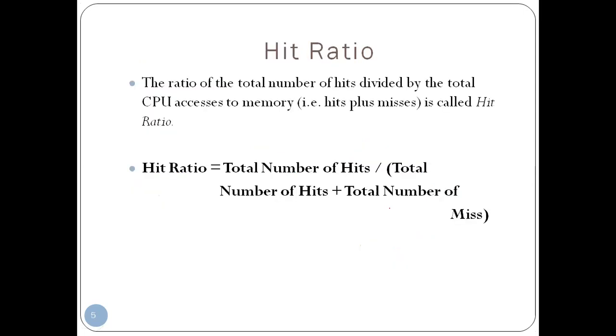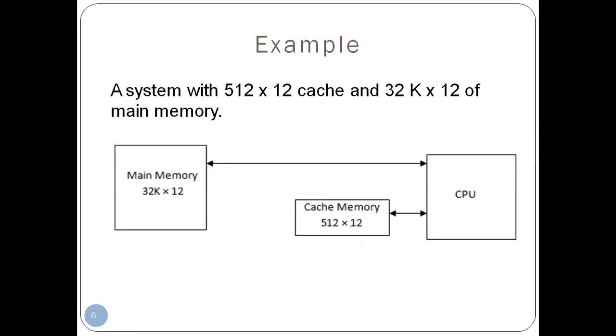And as I have said, hit ratio is nothing but the total number of hits divided by the total number of hits plus the total number of misses. By making use of this formula, you can calculate the cache performance.